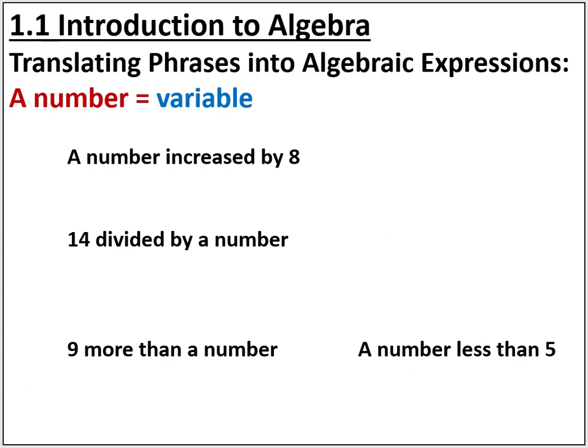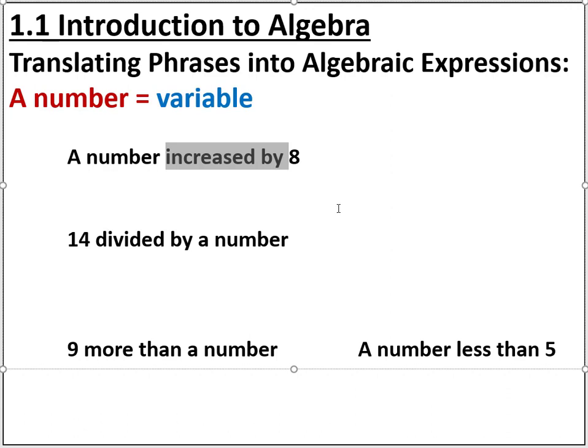It says a number increased by 8. Just like in the addition example, when it says increased by, whatever is in the front, in this case a number, will be our unknown variable. And what's at the end, in this case the 8, is going to be second.